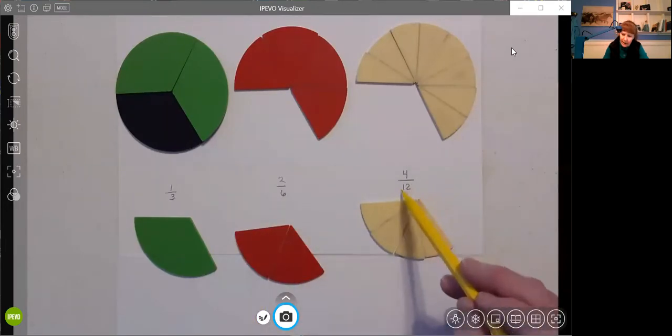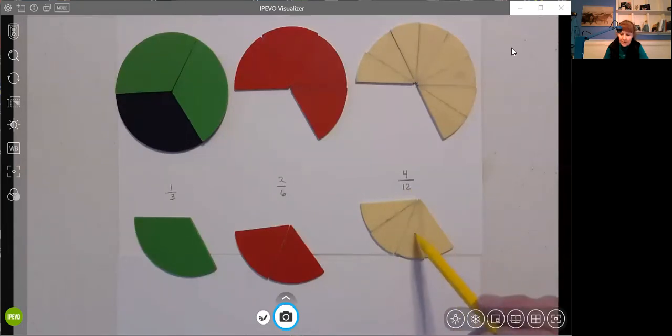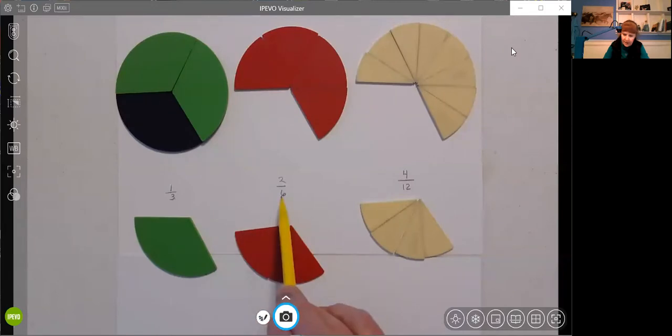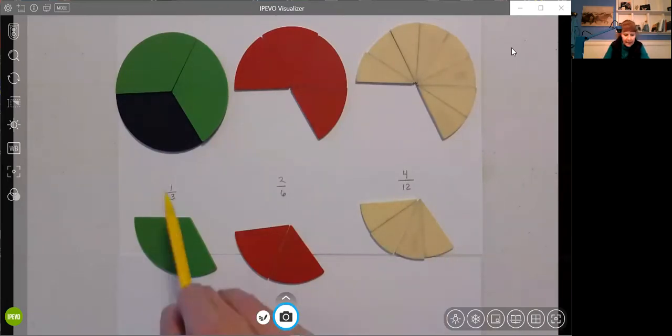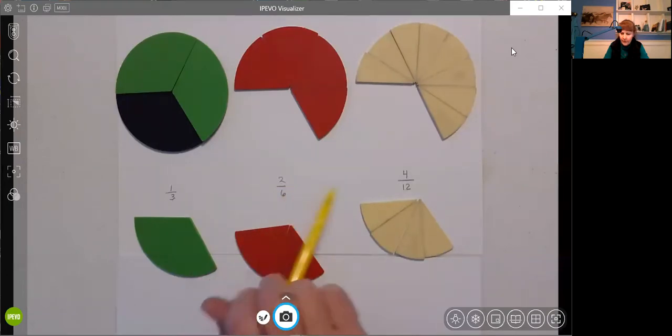And here I'm dividing it into 12 equal parts. So each of these pieces needs to be even smaller. So as the denominator gets larger, the pieces themselves get smaller because you're dividing it into more pieces. But again, each of these are called equivalent fractions because they represent the same amount.